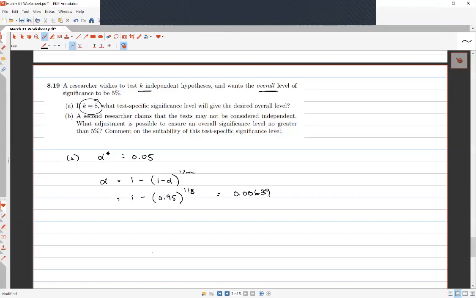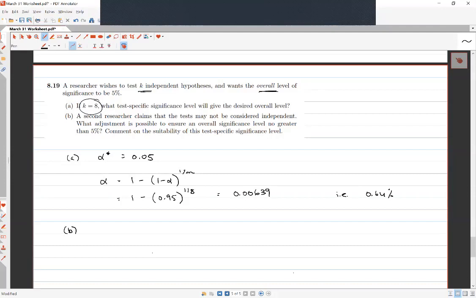This tells us our individual tests have to be done at roughly a 0.64% level of significance. If we are doing 8 tests and overall we want a 5% level, then the individual tests need to happen at a 0.64% level. And this is if we can assume independence.